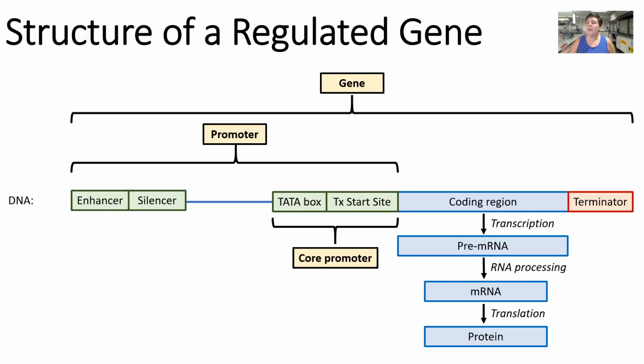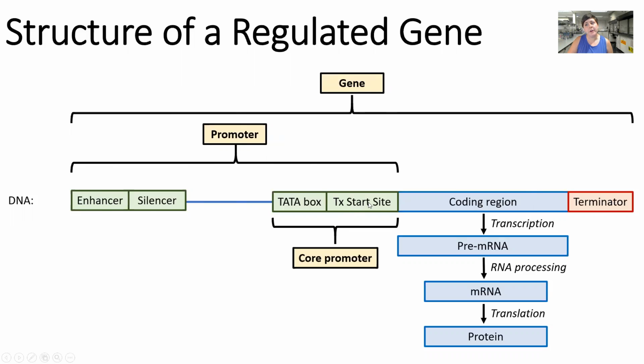But as we elaborated on when we talked about gene regulation, the promoter is actually a lot more complex and a lot larger than we originally talked about. So again, a gene is composed of a promoter, a coding region of DNA, and a terminator. But if we were to zoom in, the promoter has a lot of components.